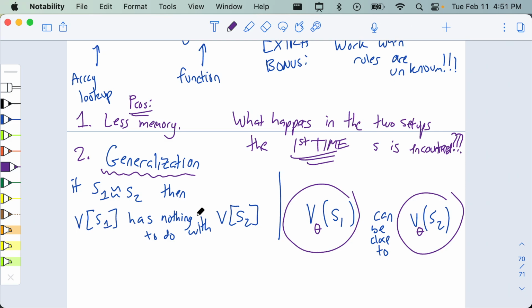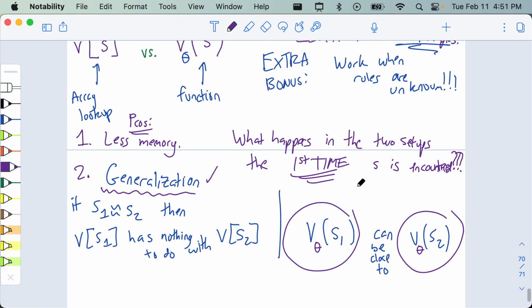So we're going to write these functions v theta of s, and over time it's going to learn about the situations it was given, and if it's generalizing correctly, then you'll give it a state it's never seen before, but somehow it's still pretty accurate because it generalized well from the stuff it did before. So you can think of it in terms of a metric structure or in some particular way. It's going to turn out that as long as you parameterize things in the right way, it should happen automatically. Fingers crossed, hopefully. Great question.